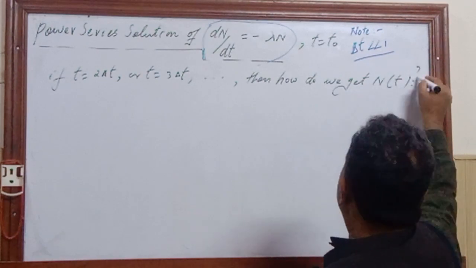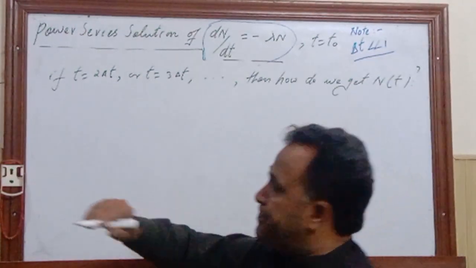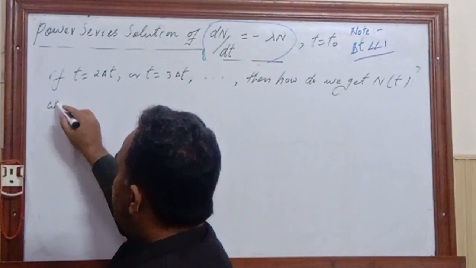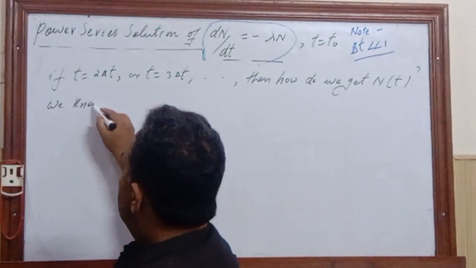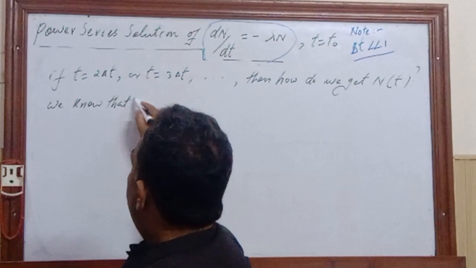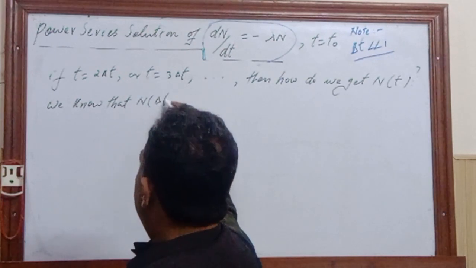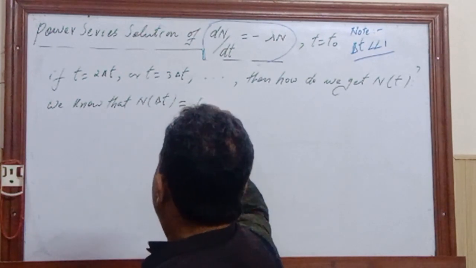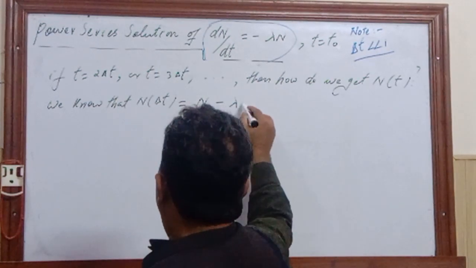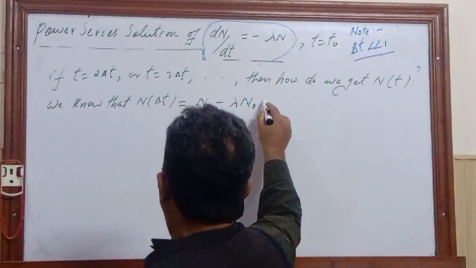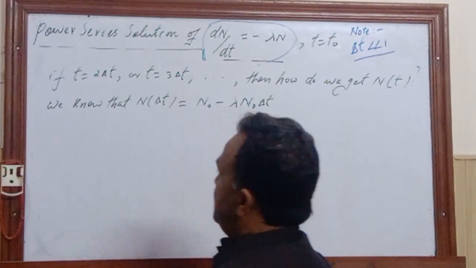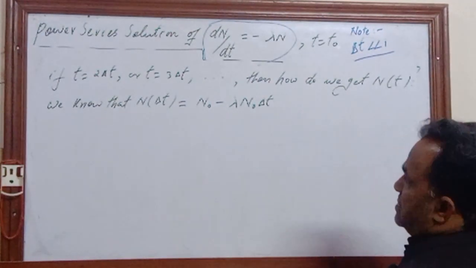This is the question. We know that after one time interval the value of n is N naught minus lambda N naught times delta t.